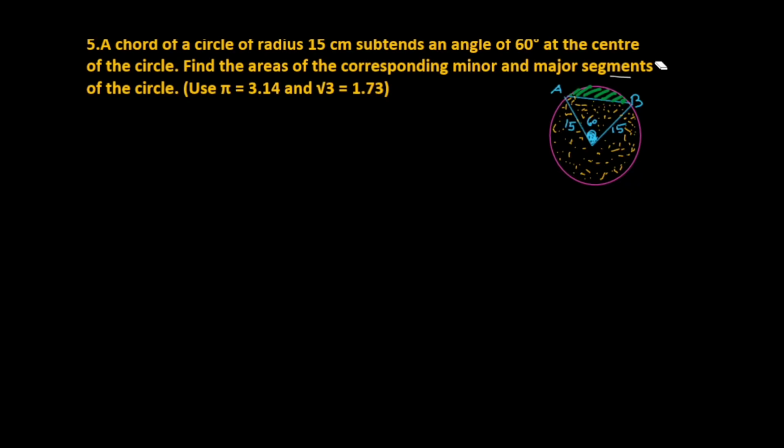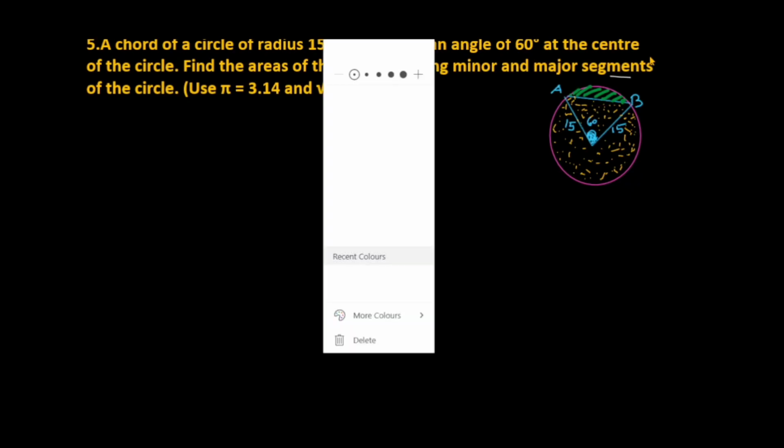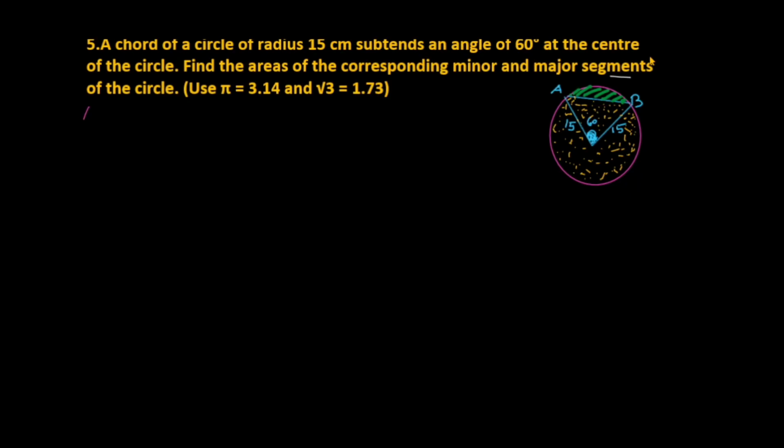Suppose I am going to find the area of the minor segment. Area of minor segment is equal to area of minor sector minus area of the corresponding triangle.